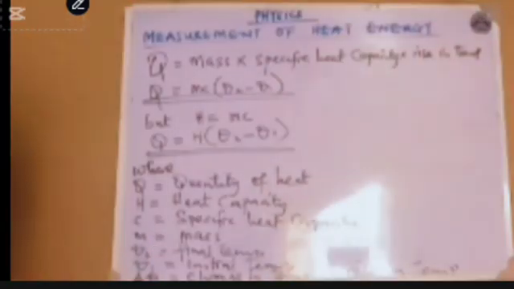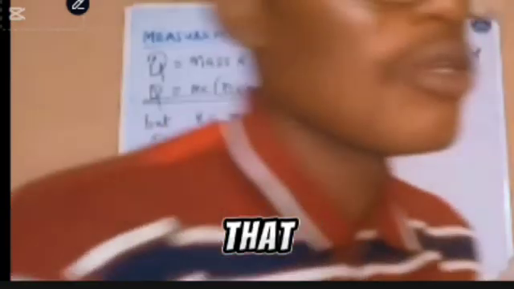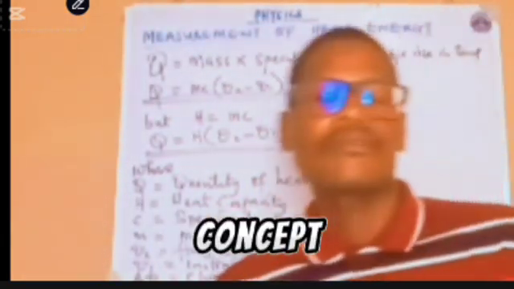So with that now in our mind, let us look at one question. And how do you solve any question given to you successfully? What you need to do first is that you should understand the concept.